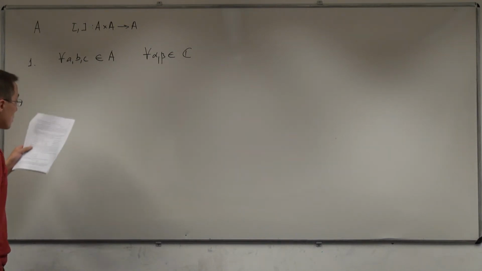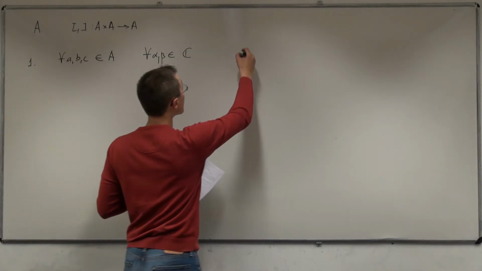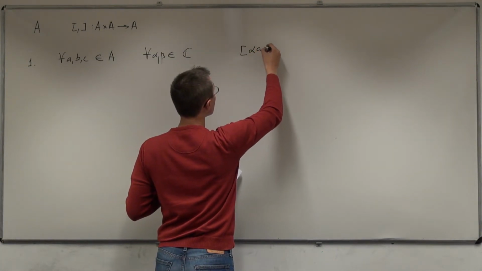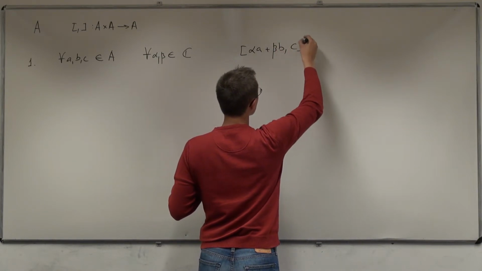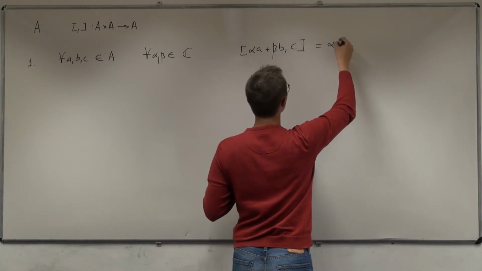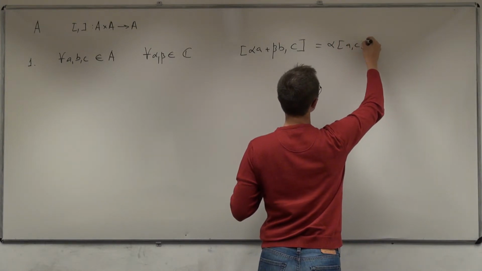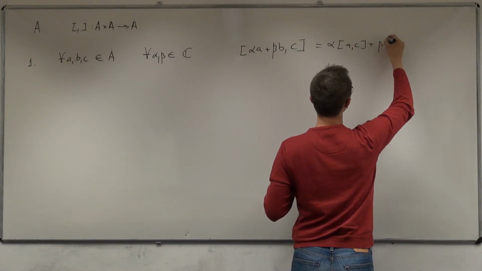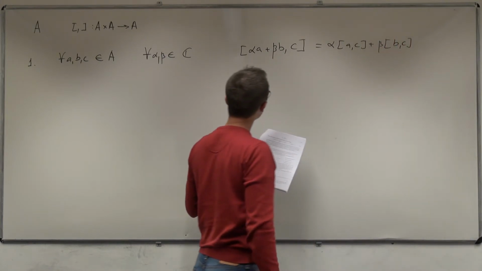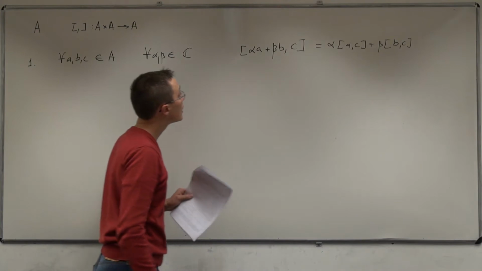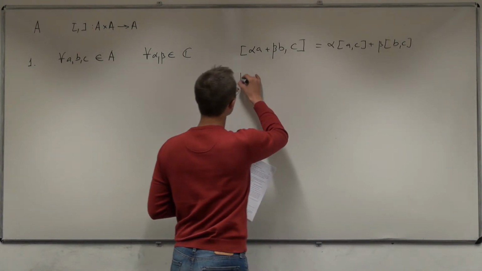The bracket needs to be what's called bilinear. That is, bracket of alpha A plus beta B with C must be equal to alpha bracket A C plus beta bracket B C. And it should be bilinear from the left, and it should also be bilinear from the right.